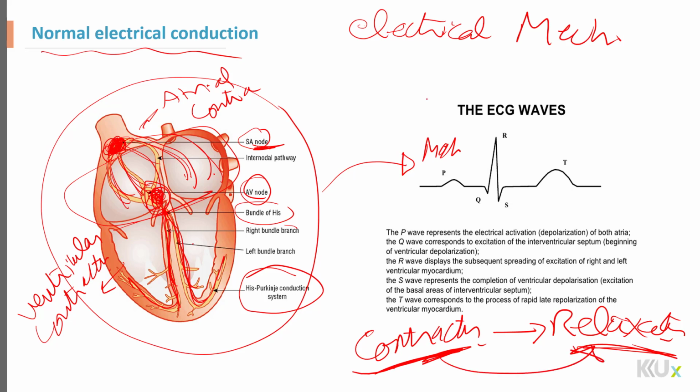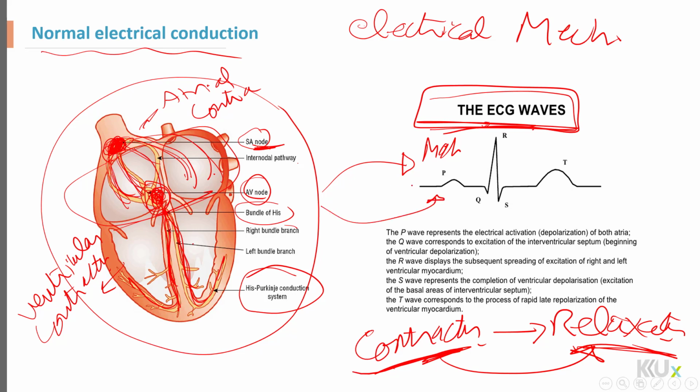This is what the ECG shows us. ECG means electrocardiogram, so it's a representation of the electrical activity inside the body. And each of these steps is translated into a certain wave on the ECG. So the first step here is the electrical firing of the SA node, which is translated into atrial contraction.